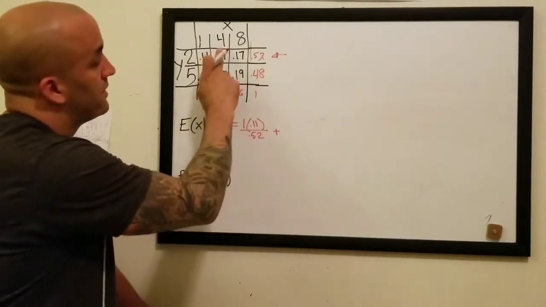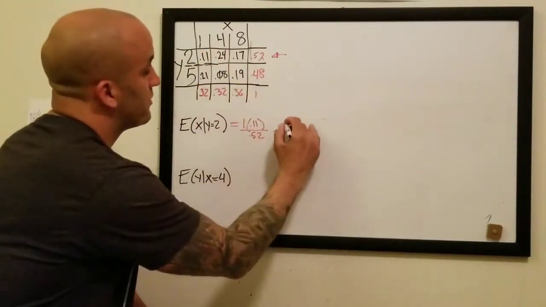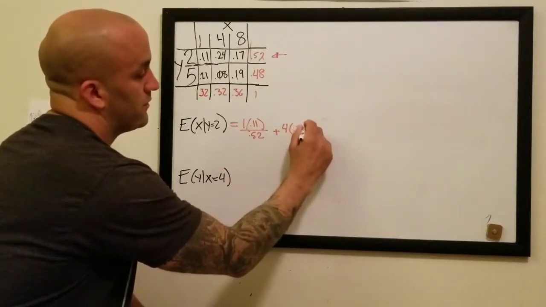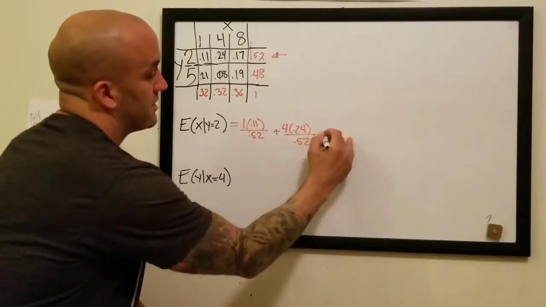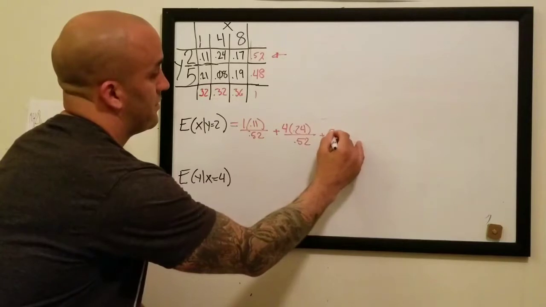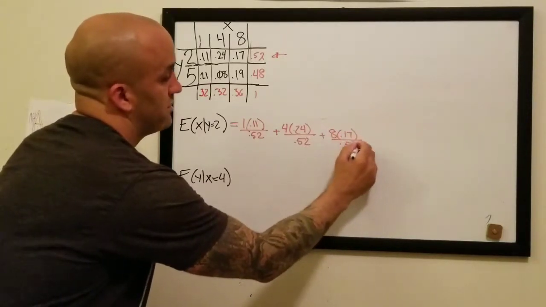Our joint probability here, when y is 2, x is 4, is 0.24. So we get 4 times 0.24, divided by our marginal. Same thing on the last one: 8 times 0.17 over 0.52.